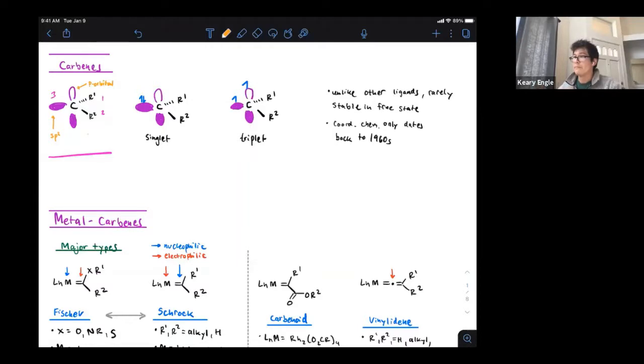So when we think of our typical workflow for things like electron counting, where we bring the ligand back to its closed octet, to its stable form, that same sort of thinking does not necessarily apply to carbenes. So we need a somewhat different workflow. It's also a relatively new area of study.